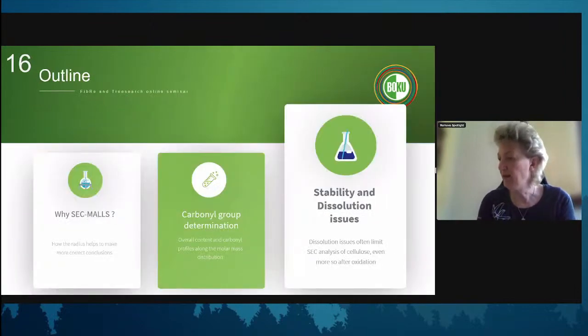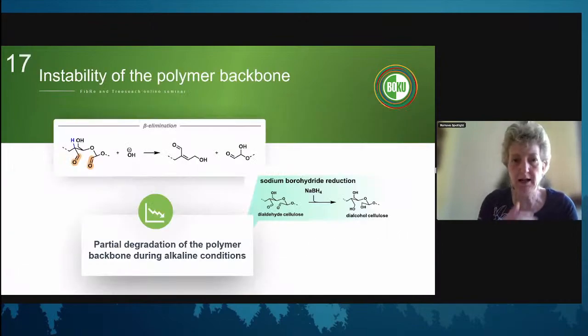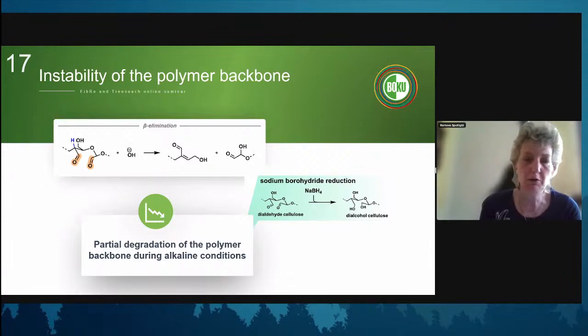Now, stability and dissolution issues. We rely on a certain stability when we do an analysis or when we want to measure something. And this, of course, also applies to SEC. And of course, we have to make sure we don't degrade the polymer backbone in terms of measurement or changing pH.